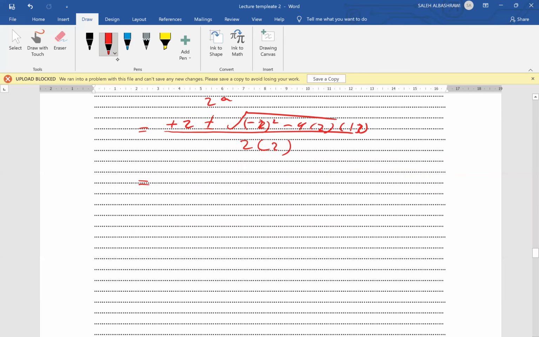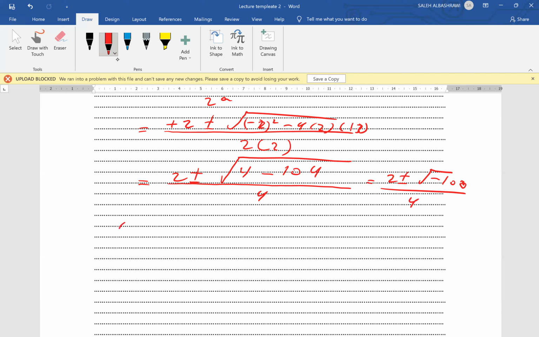That will give me 2 plus or minus the square root of 4 minus 8 times 13, that will be minus 104, divided by 4, which can be written as 2 plus or minus the square root of minus 100 divided by 4.